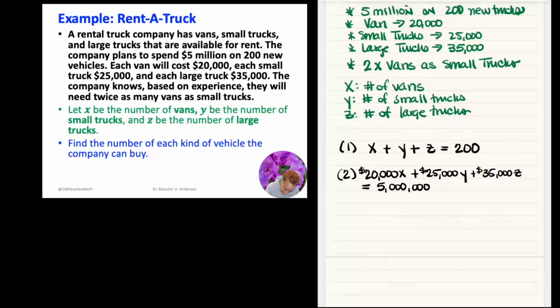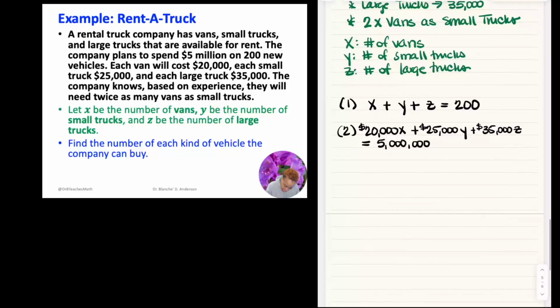And then the last thing we need to look at is this. There's going to be 2 times as many vans as small trucks. So however many small trucks you have, you need your vans to be 2 times that. Twice as many vans as, what are my small trucks?